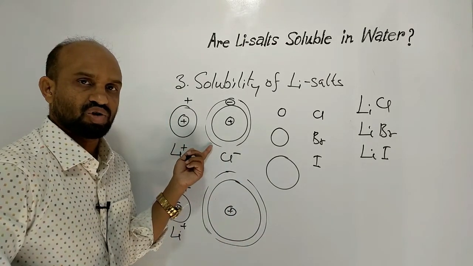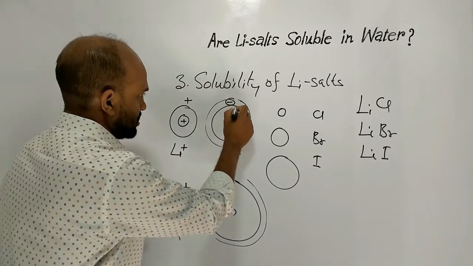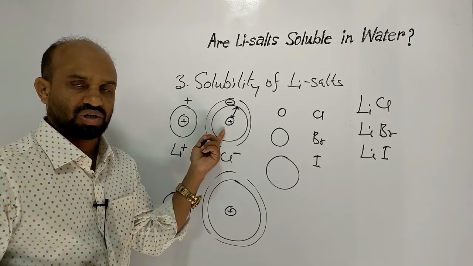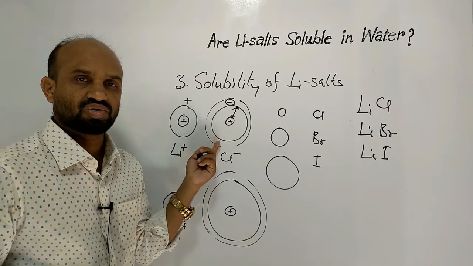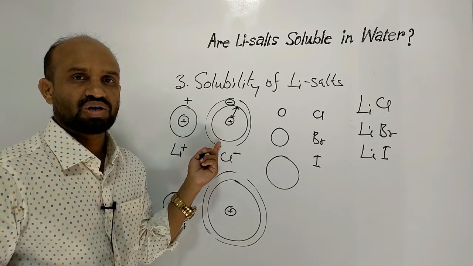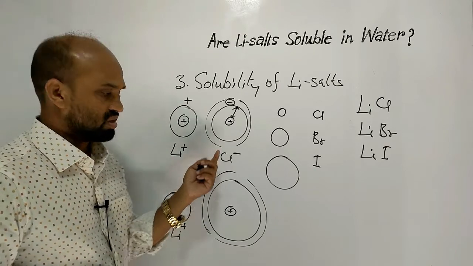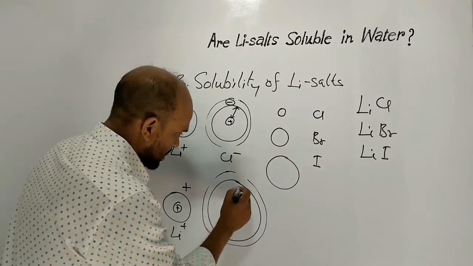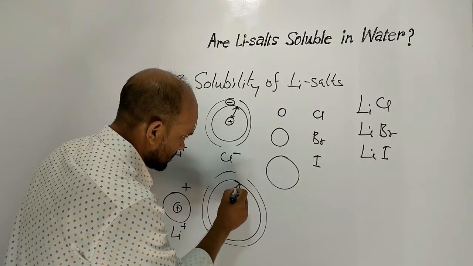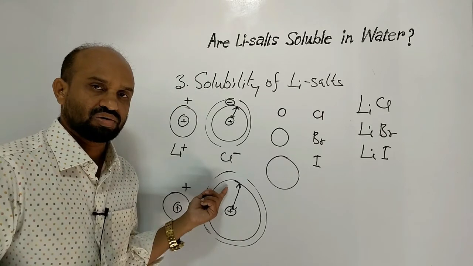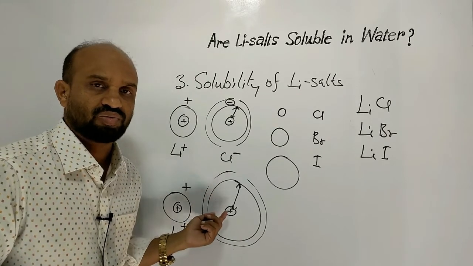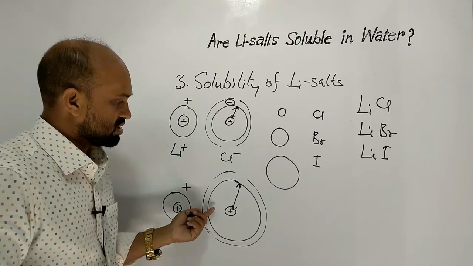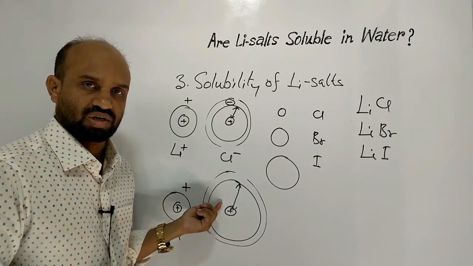As it is smaller in size, the electron cloud remains close to the nucleus. That means the electron cloud is strongly bonded to the nucleus. But in lithium iodide, the iodide ion is bigger in size, so the electron cloud remains away from the nucleus. That is why the electron cloud is loosely bonded to the nucleus.